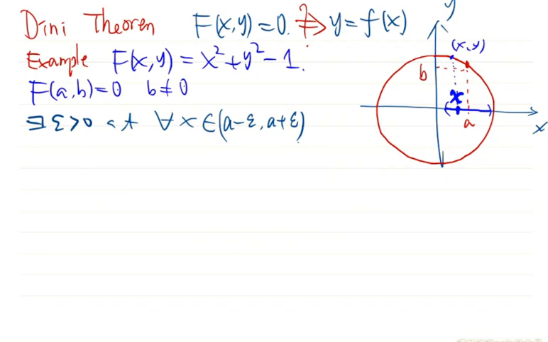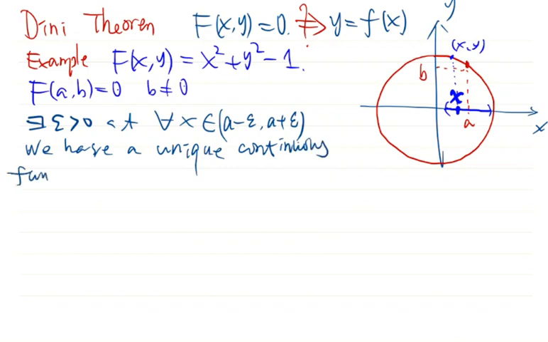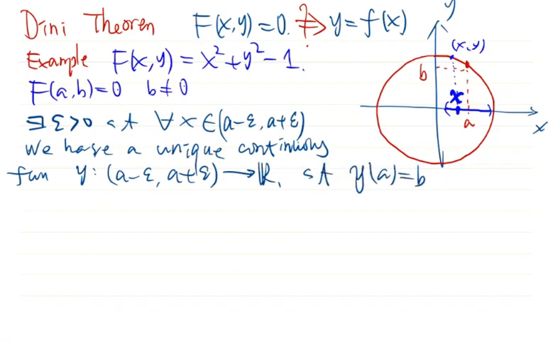Or in other words, we have a unique continuous function y from (a minus epsilon, a plus epsilon) to the reals, such that y(a) is b. The value of the function at the point a is b, and F(x, y(x)) is 0.